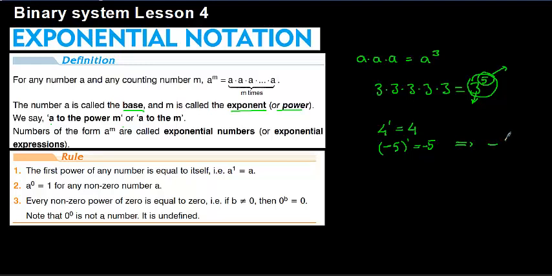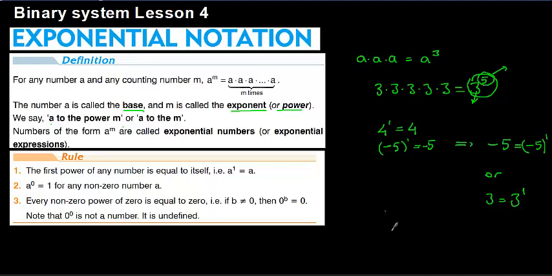When the power is not written, we understand that the power must be equal to 1. So 3 is normally 3 to the power of 1, because when the power is not written, that power is equal to 1.